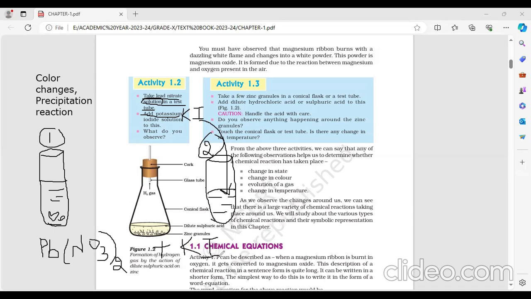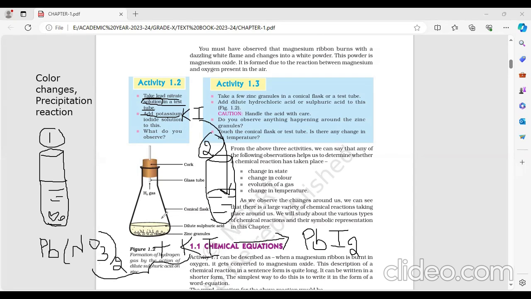In this reaction, when we add lead nitrate solution and potassium iodide solution in one common test tube, you will get lead iodide, PbI2. These two are the reactants, on the left side, as I told you yesterday.